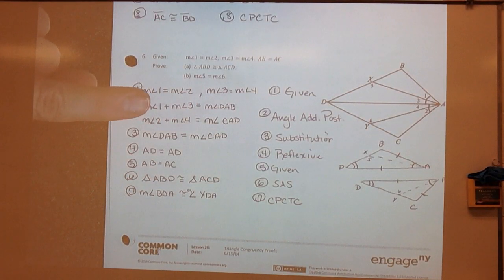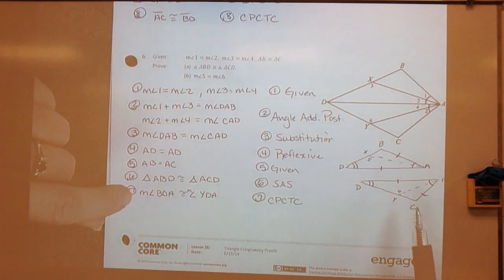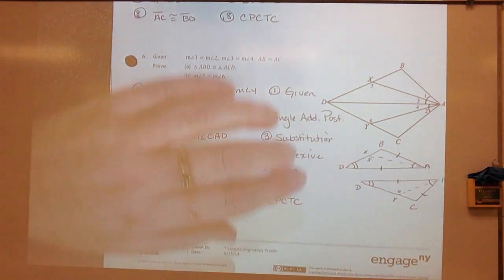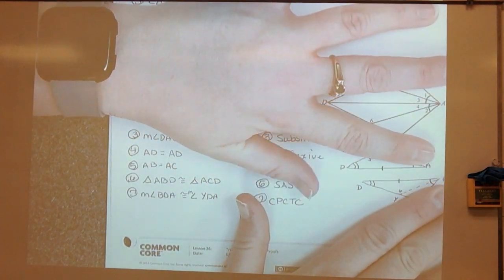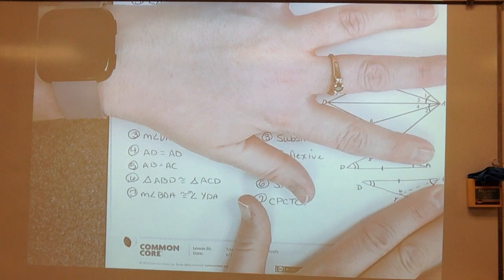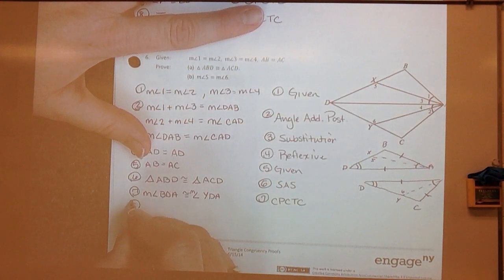Now with that being said, look at what I can prove. Cut these little pieces off here, because angle 5 and angle 6 are actually in their own little triangles. So I can prove these triangles congruent.